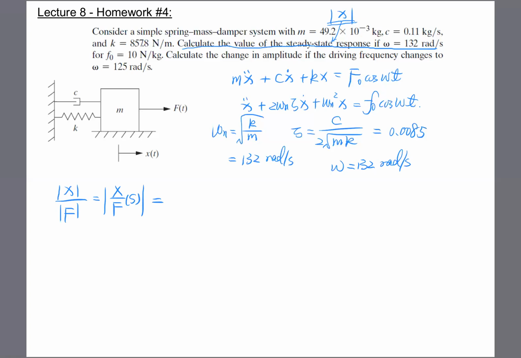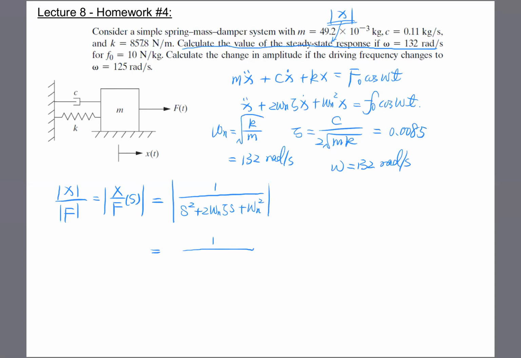And then, as we can recall, it is 1 over S squared plus 2 omega n zeta S plus omega n squared. And also, you can find another format from the textbook, which is 1 over, so let's see, the norm of this.